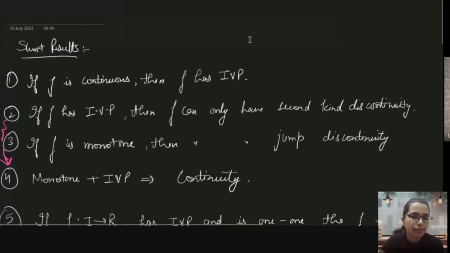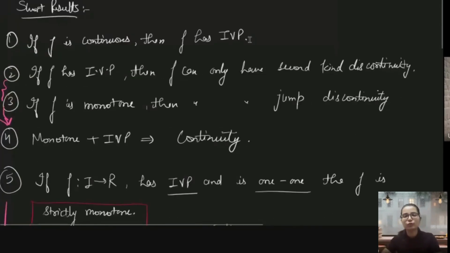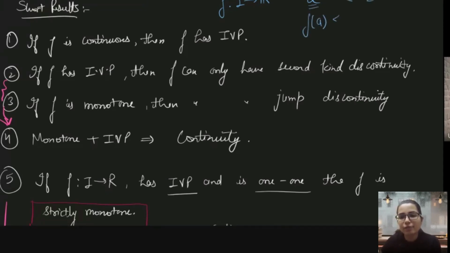Intermediate value property, yes. We discussed the intermediate value theorem. What does the intermediate value theorem say? If a function is defined from an interval to R, and you have 2 points, A and B, let's say A less than B or A greater than B, it doesn't really matter. And f of A is less than f of B, or f of A is greater than f of B, doesn't matter. You can always find a point between them.